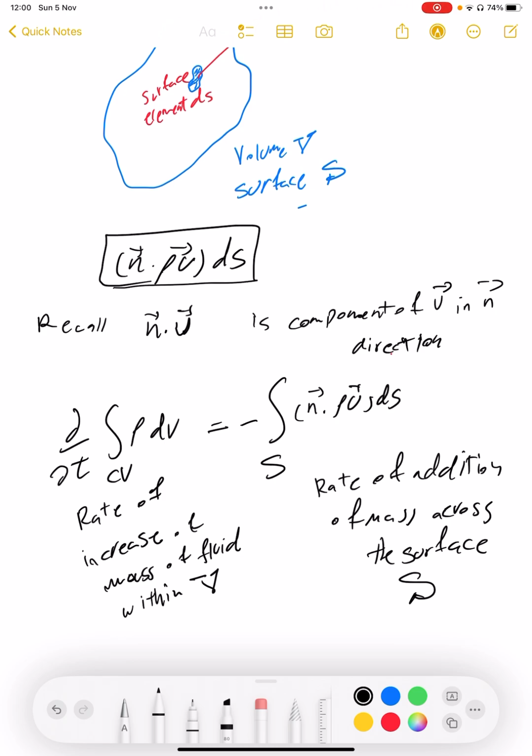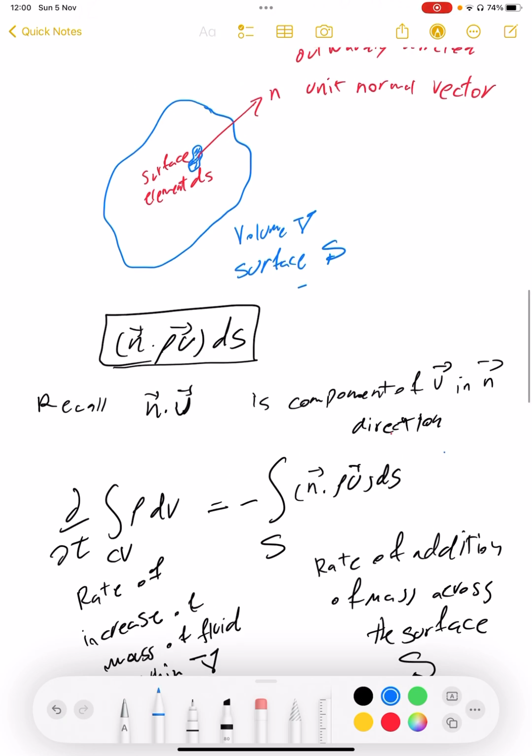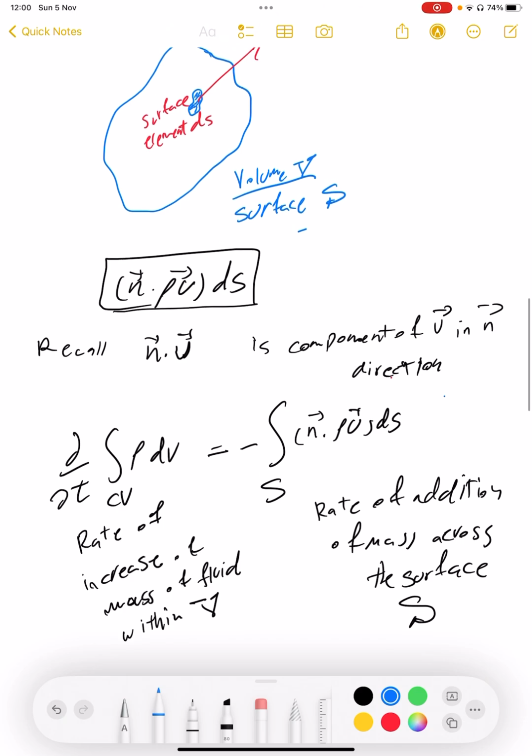So the increase of mass of my fluid inside my control volume, that would be the variation in time if I integrate density over my control volume, is equal to the amount of the fluid which is coming across your cross section.